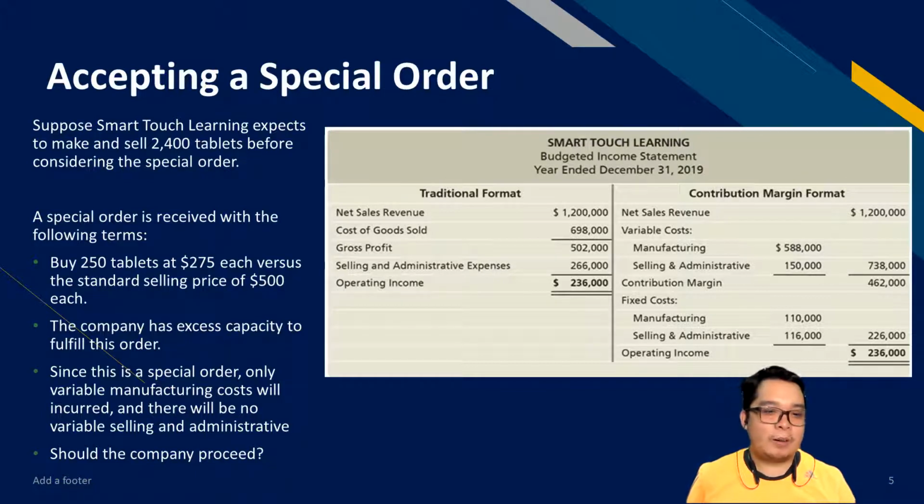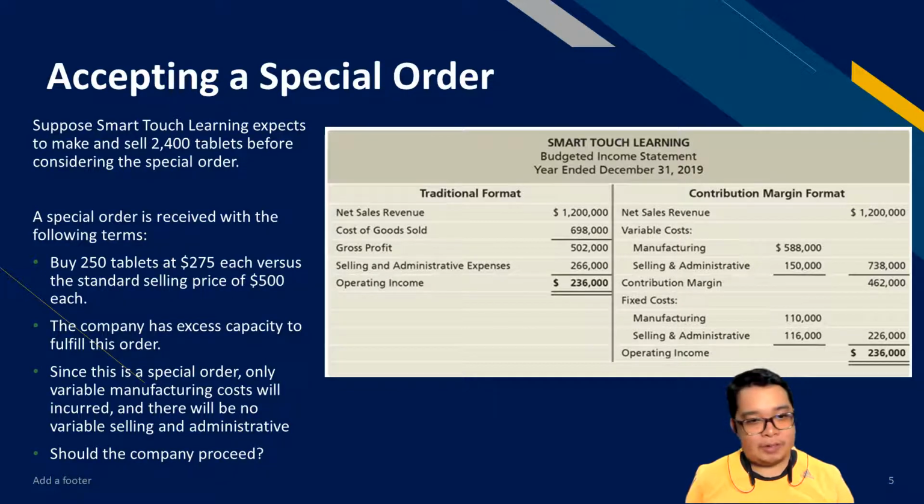Since this is a special order, only variable manufacturing costs will be incurred and there will be no variable selling and administrative costs. So in this special order, the only expense is variable manufacturing cost. No need for variable selling and administrative. Why? Because there is no selling cost, since the customer approached us to buy 250 tablets.